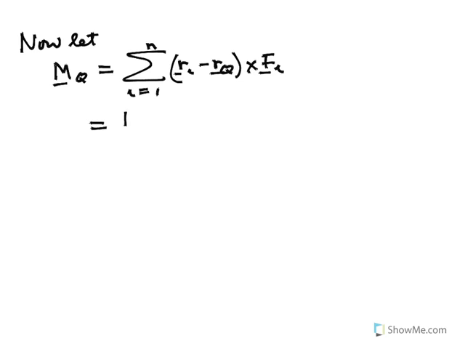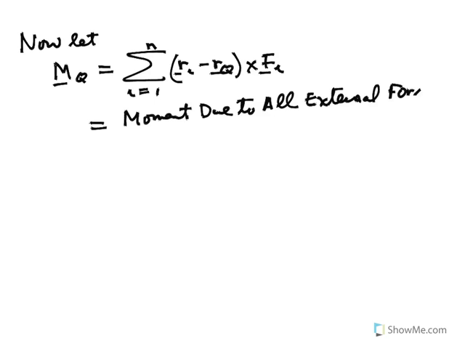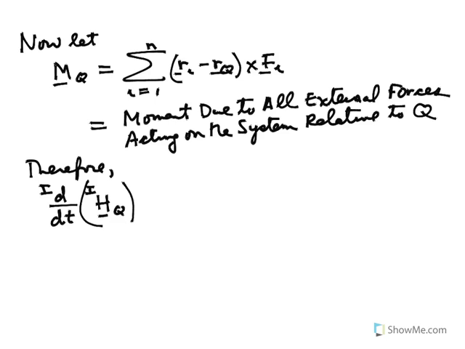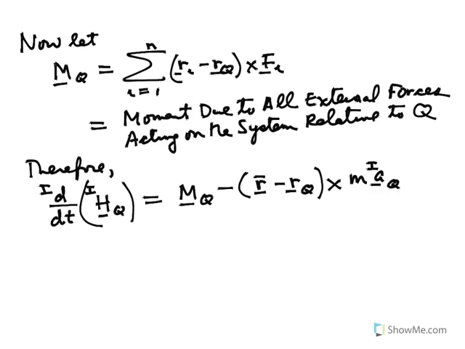This quantity is what's called the moment due to all external forces acting on the system relative to Q. Now, we can simplify this to: the rate of change in the inertial frame of the angular momentum relative to Q in the inertial frame is equal to the moment due to all external forces relative to point Q, minus (R bar minus Rq) crossed with M A_Q/I.